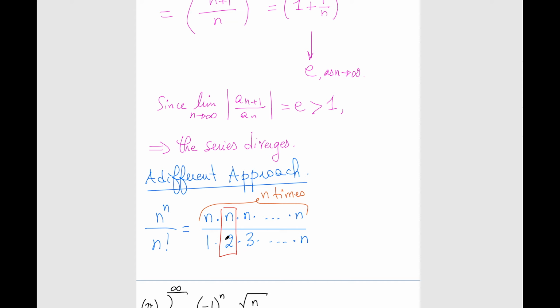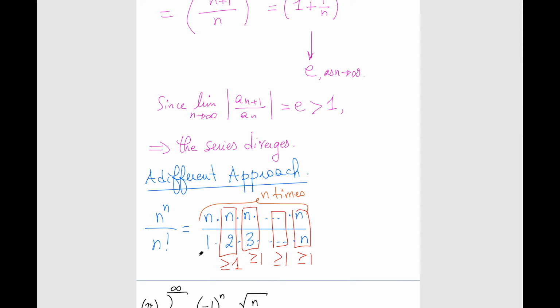So if n is bigger than 2, then n over 2 is bigger than or equal to 1, correct? And similarly, how about this? Isn't it also bigger than or equal to 1? Because we assume that we kept going after 3 all the way to n, each one is going to be bigger than or equal to 1, and even the last one is bigger than or equal to 1.